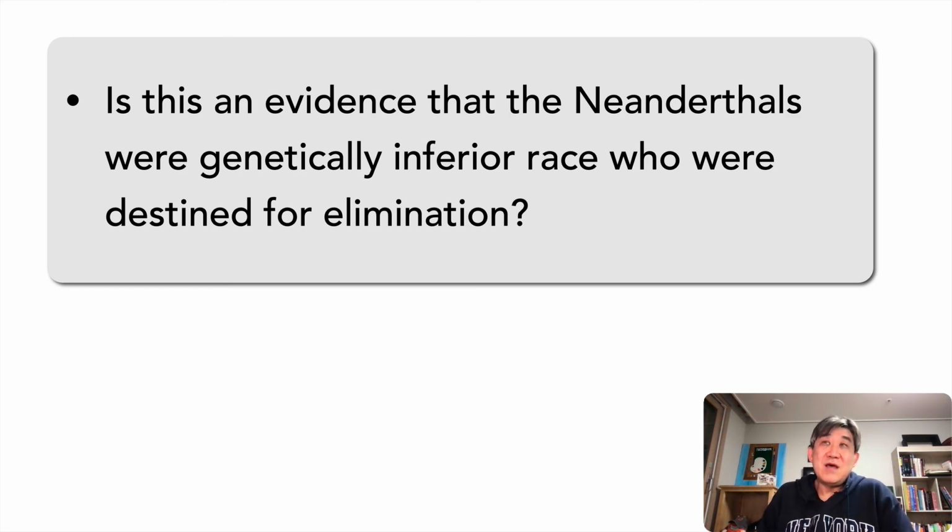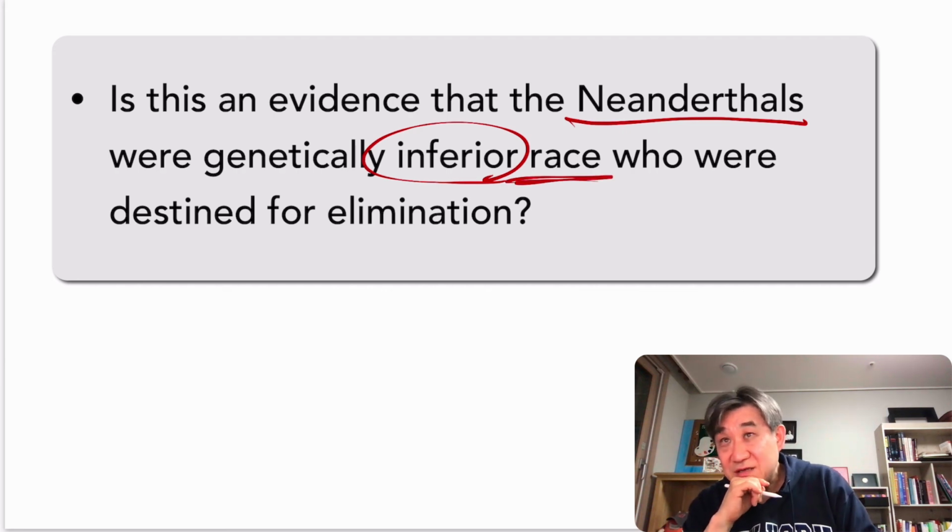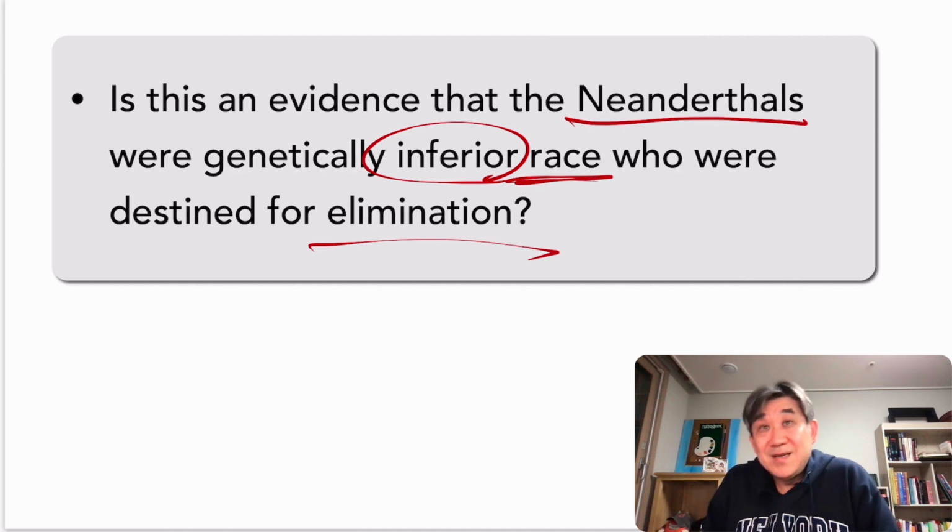So, in other words, does that mean we can just point fingers at the Neanderthals for all those bad genes? Does that mean they were such an inferior race, and that's the reason, no wonder they got extinct? Is that a proper way of interpreting this? No, I don't think so.